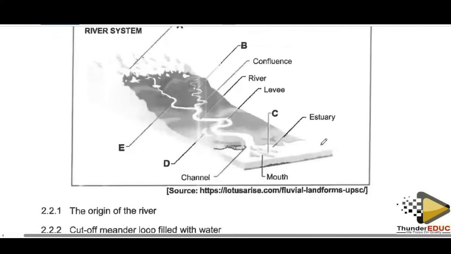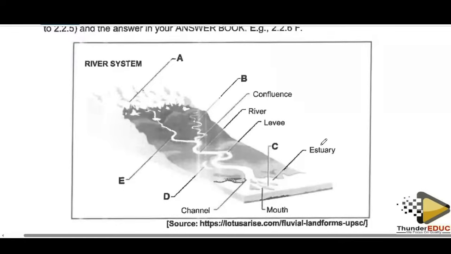As you can see, this point is referred to as A. We have point B there. We have point C. This is point D. This is point E. This is the river, the levee there, the channel, and this is the mouth, and the estuary here.